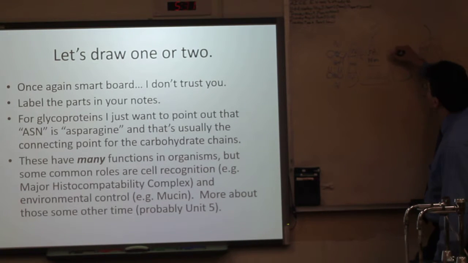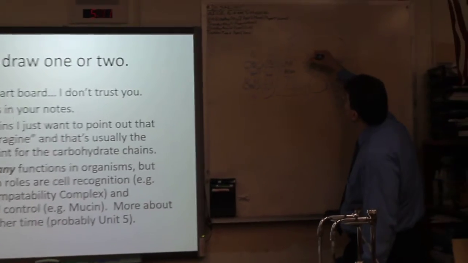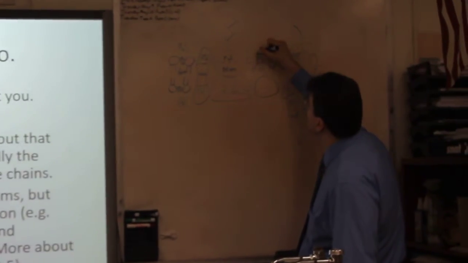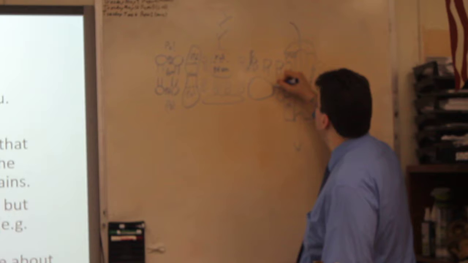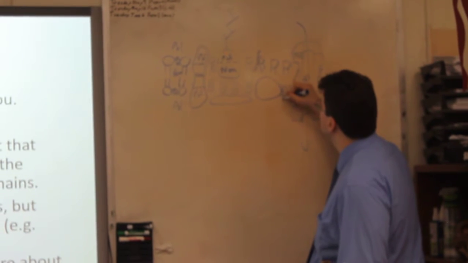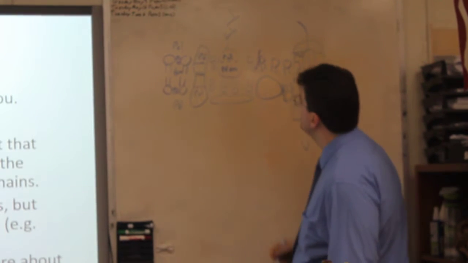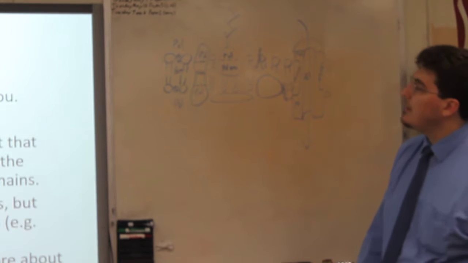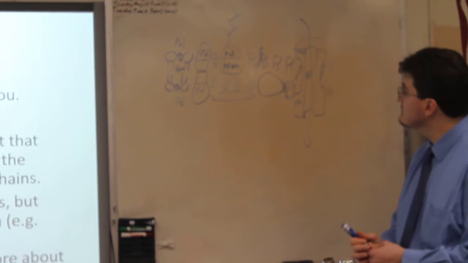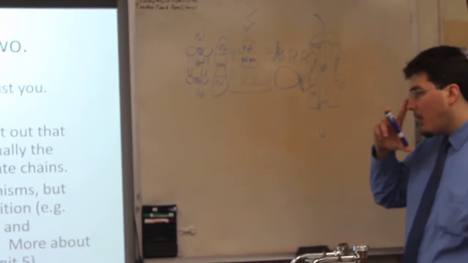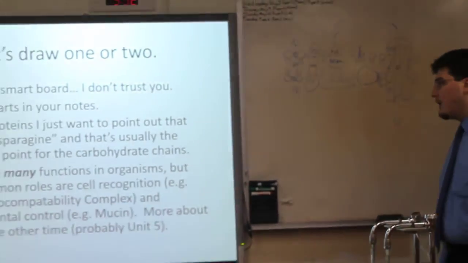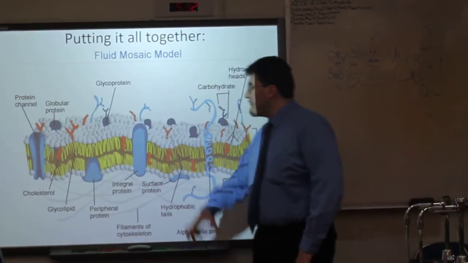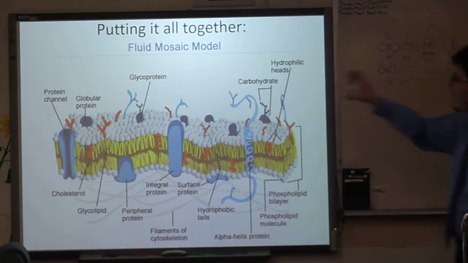Now, you could also have a protein around here, by the way, which can serve a number of functions. Oh, by the way, I'm just going to draw a cholesterol molecule over there, OH. Another cholesterol molecule over here, just because I feel like it. All right. So, here's my final, putting it all together.